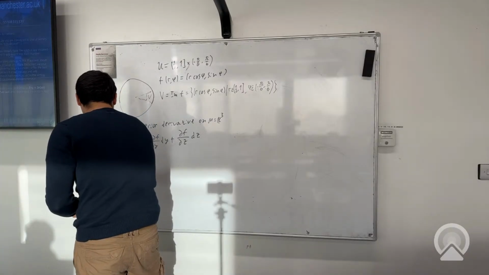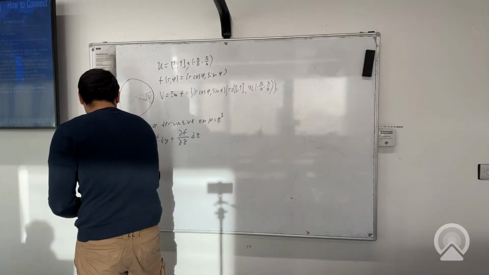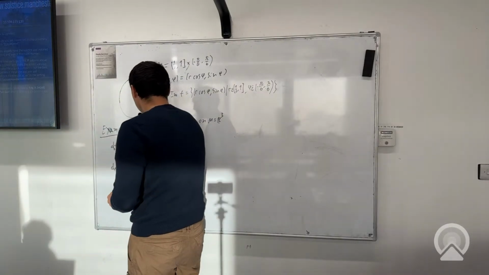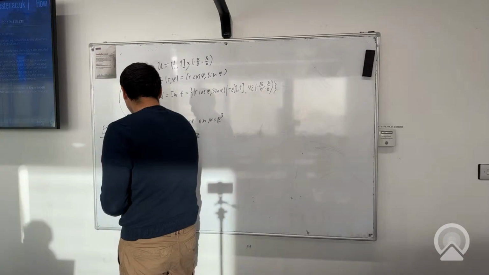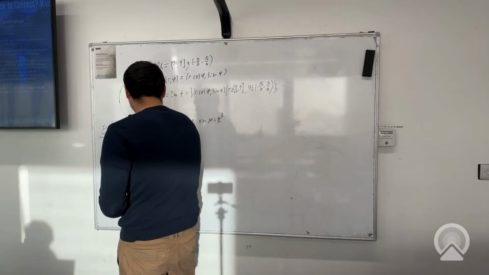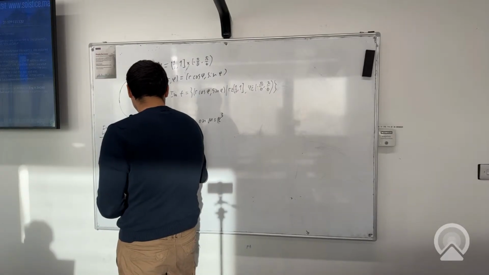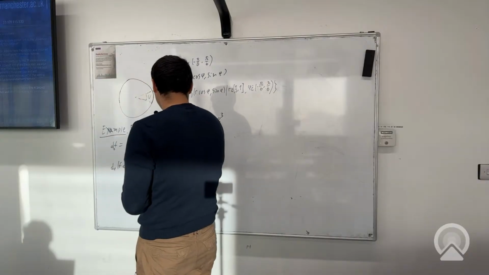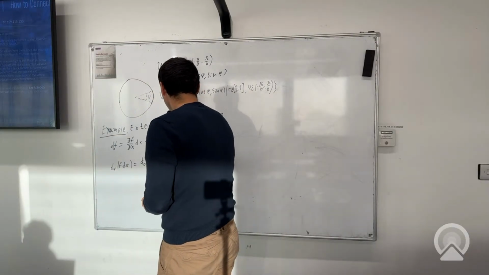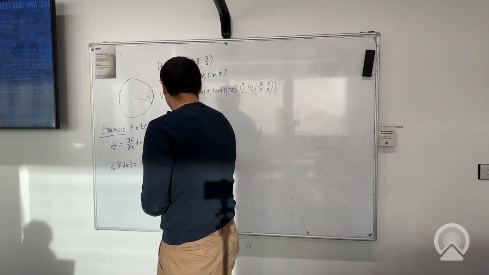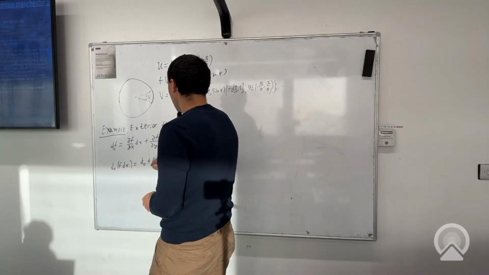Now let's do d1 only of f dx. So this is d0 f wedge dx plus f d of dx, and this is 0.